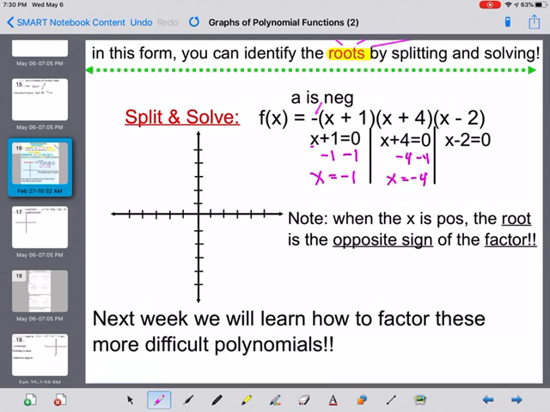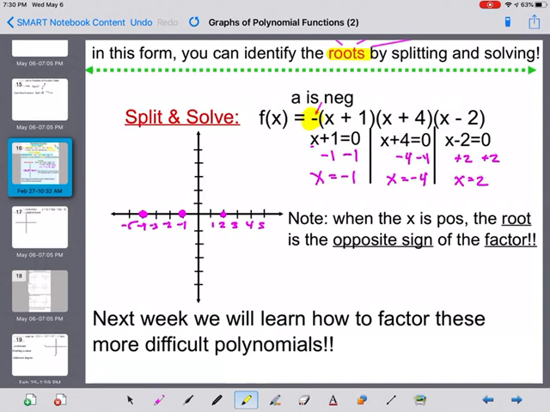Here I subtract 4, x equals negative 4, and here I would add 2, and x equals positive 2. That means that at negative 1, at negative 4, and at 2, that's where the graph would cross the x-axis.